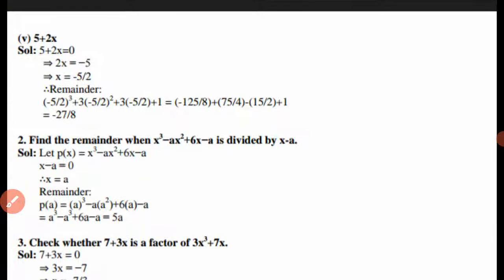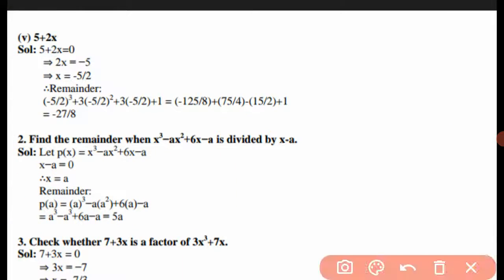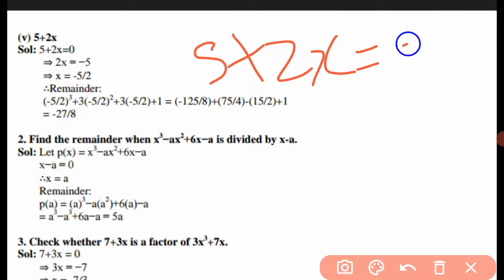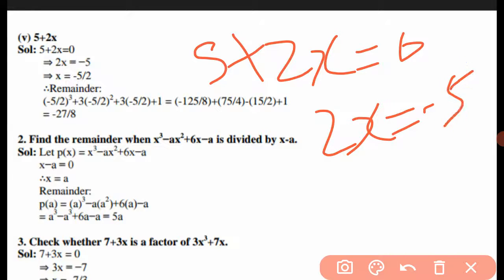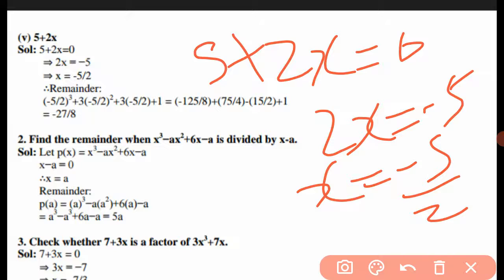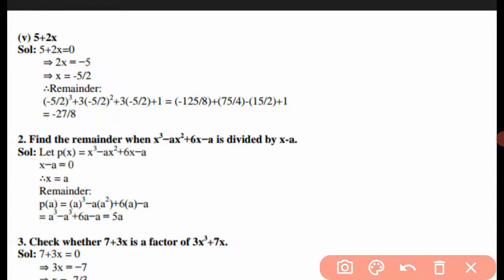In the fifth part we have given 5 plus 2x. So we will put 5 plus 2x equal to 0. So from here 2x equals to minus 5, so x equals to minus 5 upon 2. Now by putting the value of x equals to minus 5 upon 2 in the given equation, the answer will be equal to minus 27 upon 8. So minus 27 upon 8 will be the remainder.